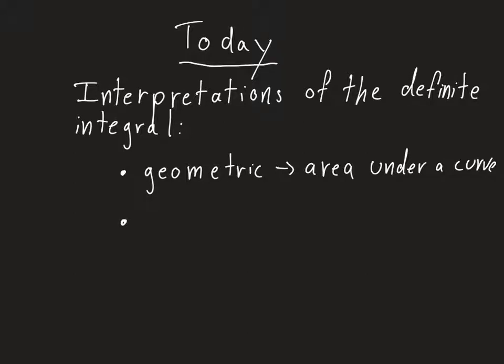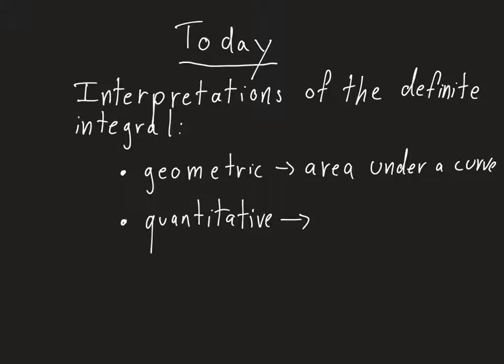The second interpretation that we're going to cover is what I will call a quantitative interpretation of the definite integral. When you take a definite integral of a function, it is going to give you a number, and that's just going to be a quantity.